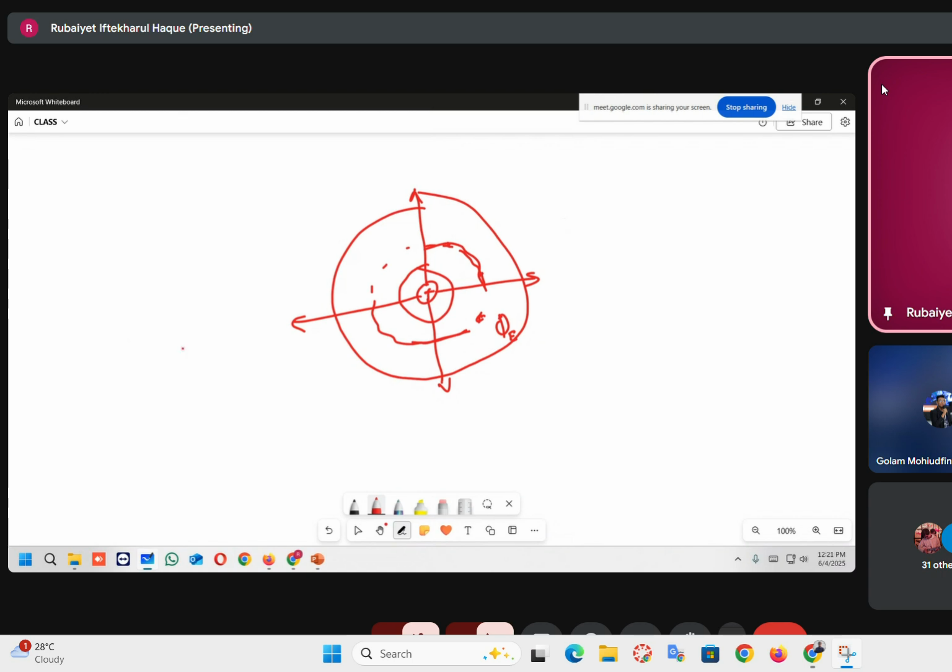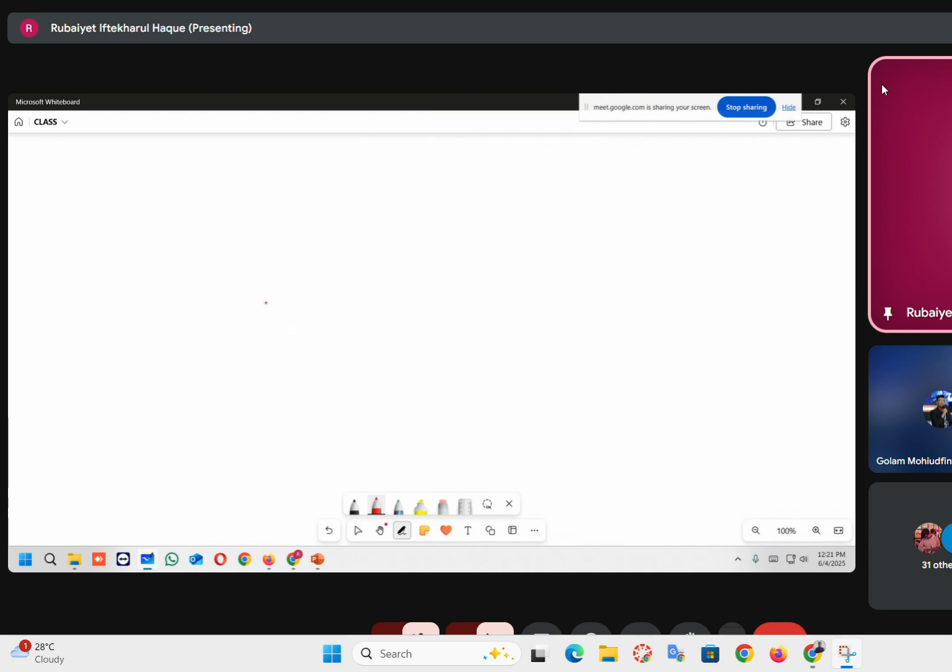So what does it mean? This is my positive charge. I have a Gauss surface 1, a Gauss surface 2, and a Gauss surface 3.